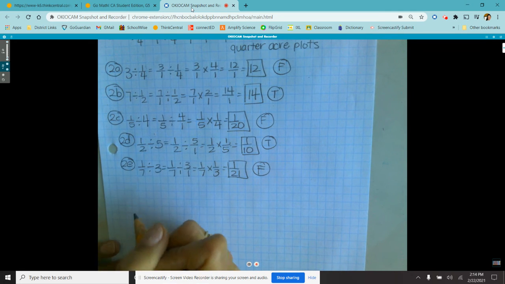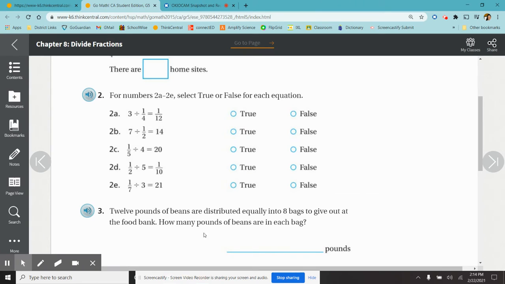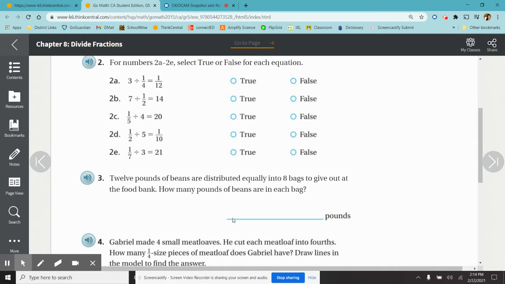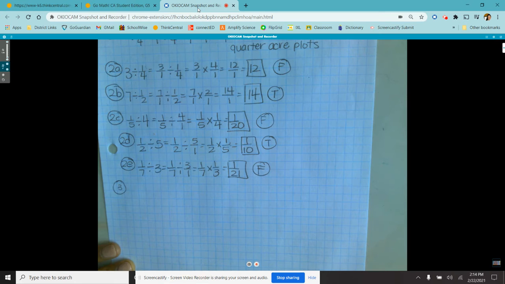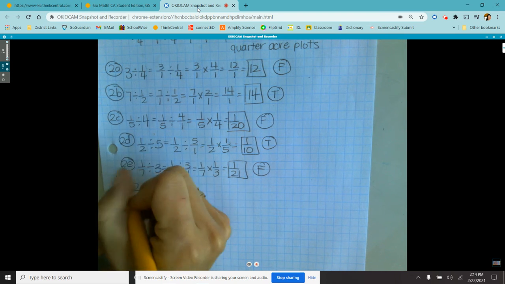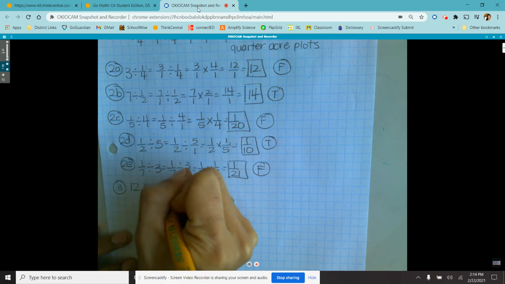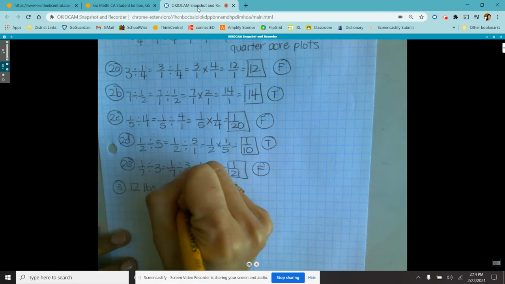All right, so number 3. 12 pounds of beans are distributed equally into 8 bags to give out at the food bank. How many pounds of beans are in each bag? So for this problem, what do we have? We have 12 pounds of beans, and we want to split it up into 8 equal bags.